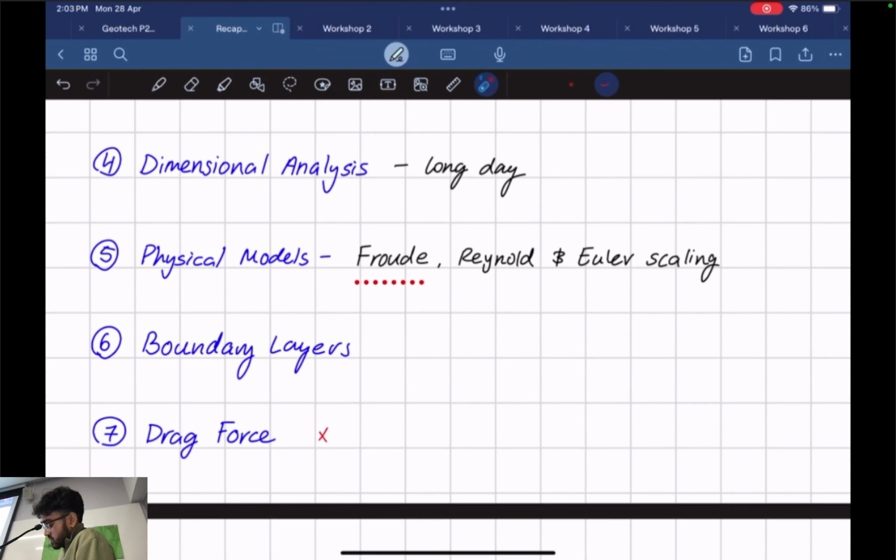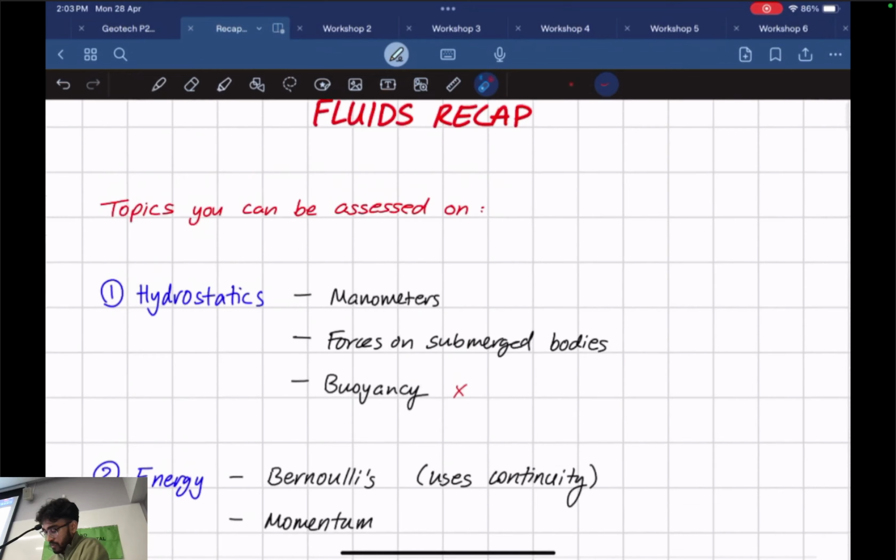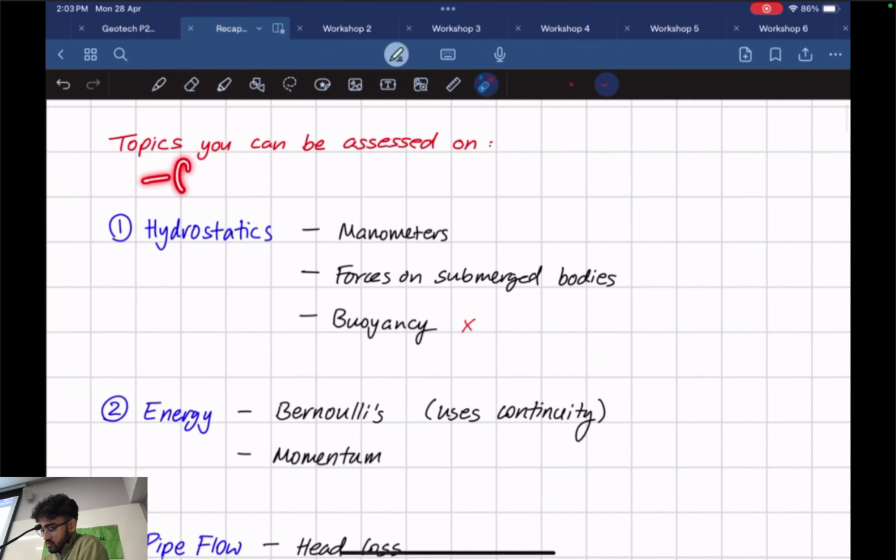You might also get assessed on drag force, but I'm not going to go through it too much today because the questions are always repetitive. If you can do 1 or 2 questions, you'll be able to do the one in your finals. I've also left out fluid properties, because that's literally everything. We're going to be covering it anyway throughout all these topics.